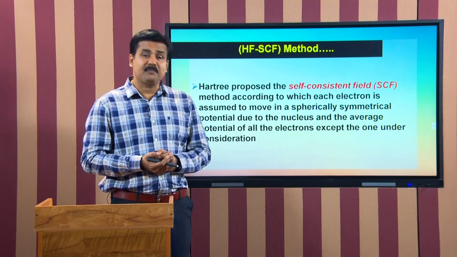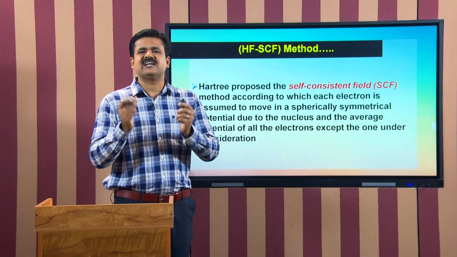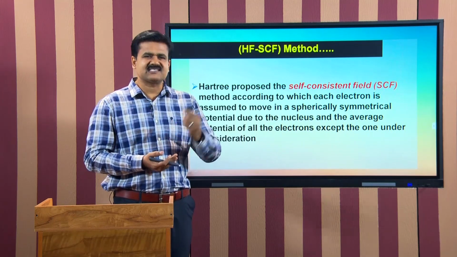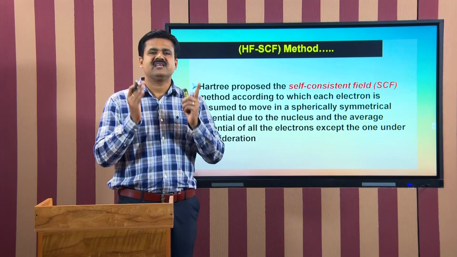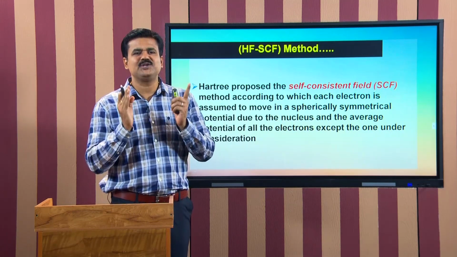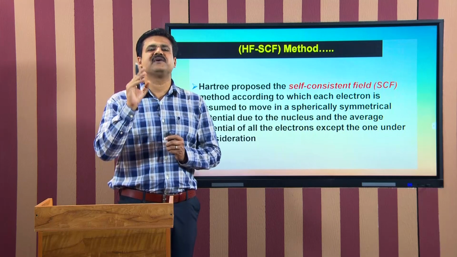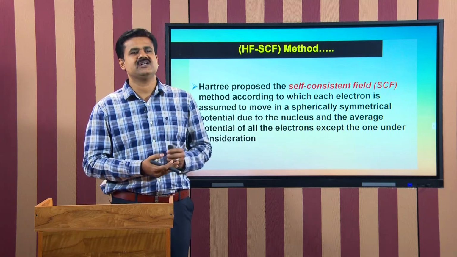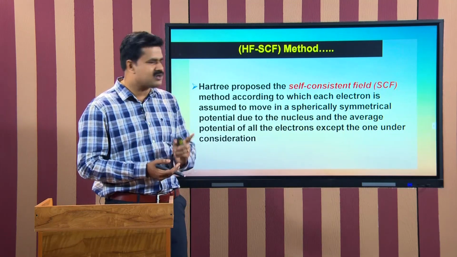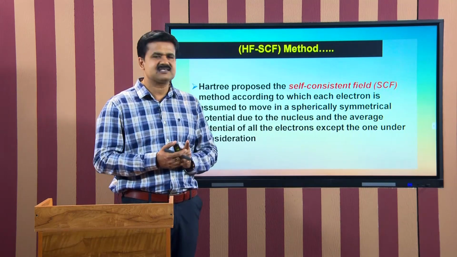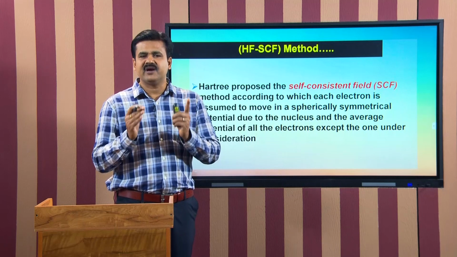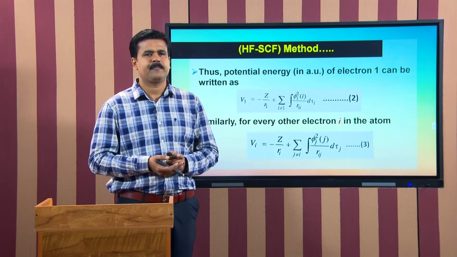Hartree proposed the self-consistent field, or SCF method, according to which each electron is assumed to move in a spherically symmetrical potential due to the nucleus and the average potential of all electrons except the one under consideration.